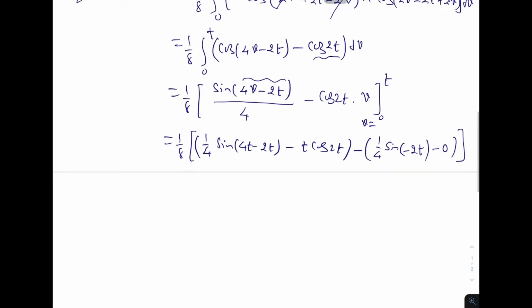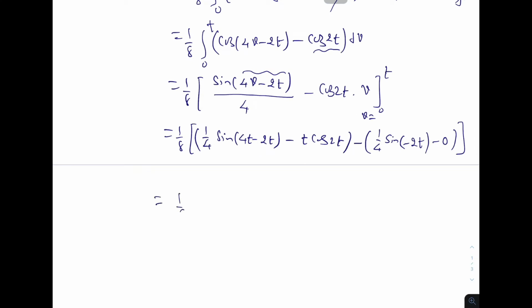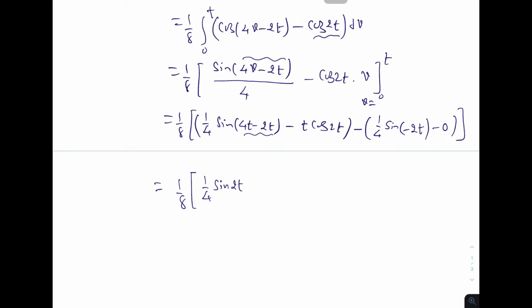Okay, so this is equal to 1 by 8. Now 4t minus 2t is 2t, so 1 by 4 sine 2t minus t cosine 2t. Here sine of minus theta is minus sine theta, so minus and minus gives plus: plus 1 by 4 sine 2t.